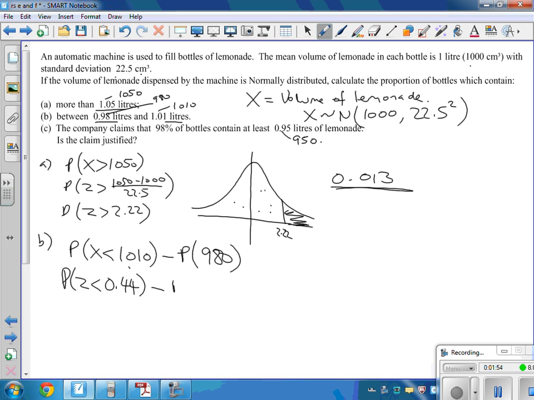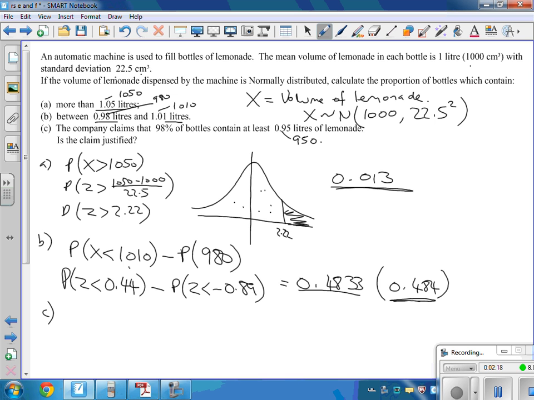And this one here is quite small, so we want a Z value of minus 0.89 there. Look up those two things individually, do one, take away the other. You do get 0.4833 on the tables, or on the calculator 0.484. You get different things because the calculator's got more accuracy to it and the tables less so.